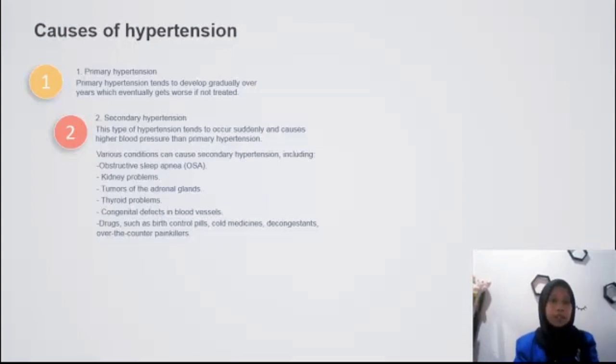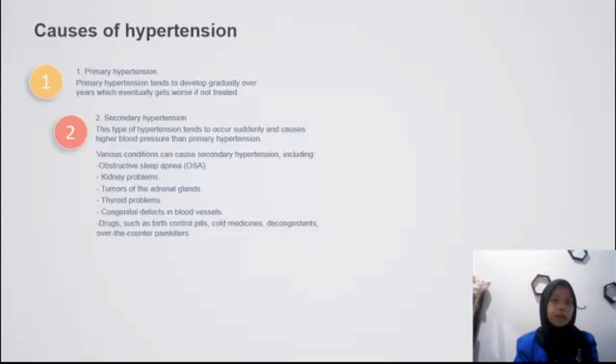Various conditions can cause secondary hypertension, including: 1. Obstructive sleep apnea. 2. Kidney problems. 3. Tumor of the adrenal glands. 4.